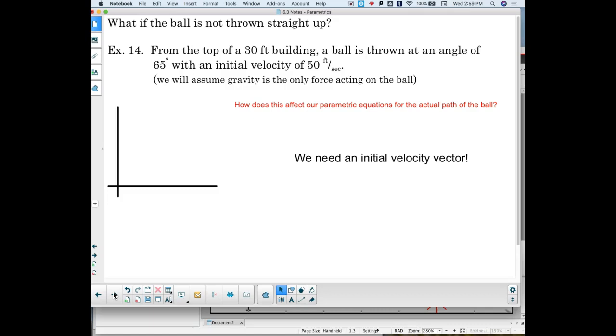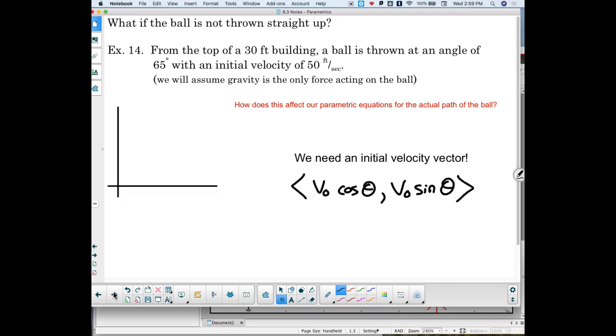The vector would be the magnitude, the initial speed, the initial velocity, times the cosine of whatever angle I'm throwing it at, and then the magnitude times the sine of whatever angle I'm throwing it at.